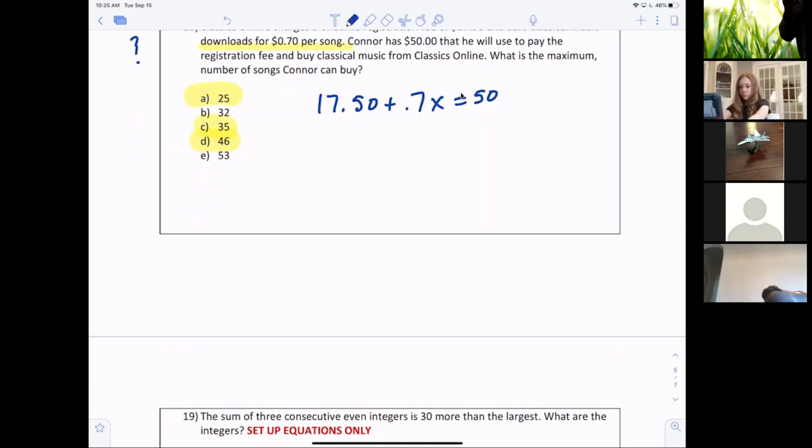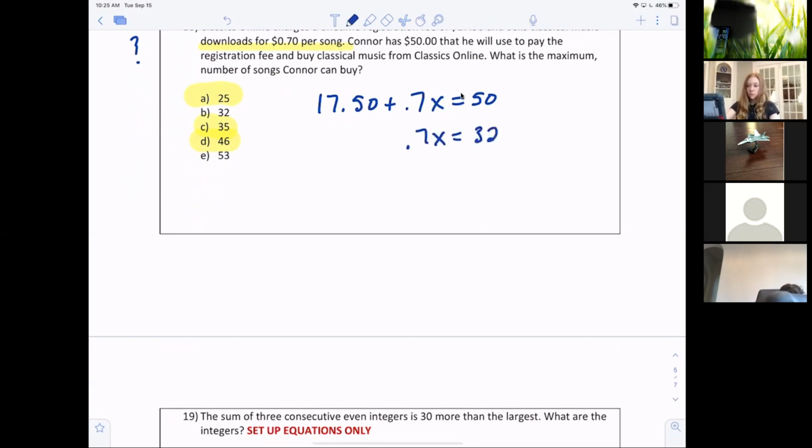Now take out your calculator and let's solve it. First thing I have to do is, what do I do first? 50 minus 17.5. Tell me what that is. How much? 32.5. And now what do I do?